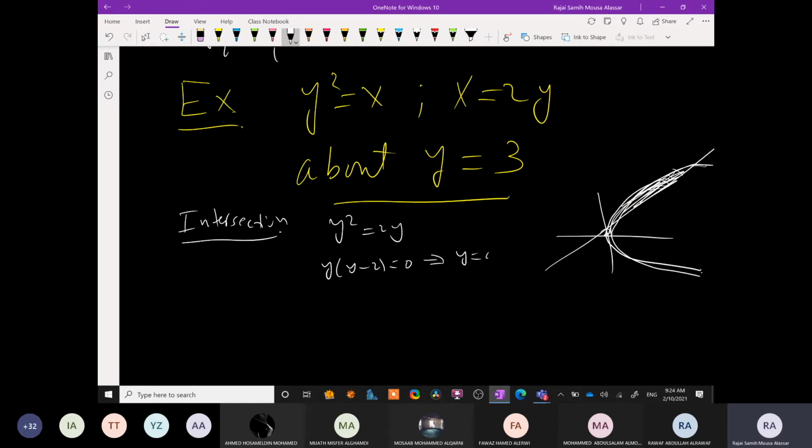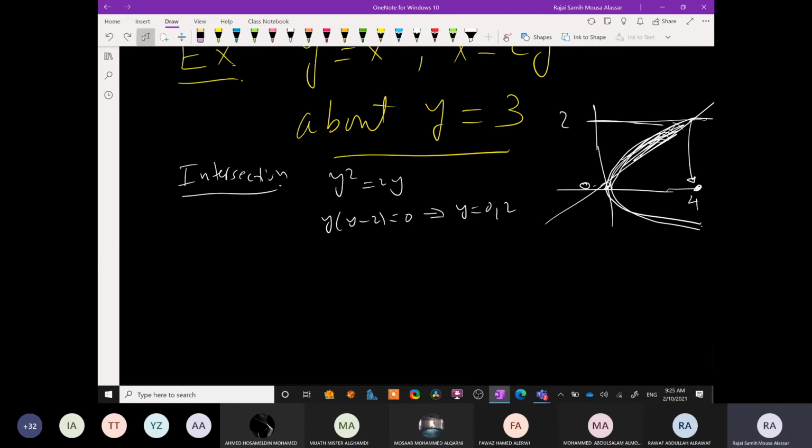So it means that y is 0 or 2. So this y is 2 and this y is 0. And corresponding to that, what is this value of x? 4, yes? Put y equal to 2, then you get 4, yes? Okay, so we know everything about the graph.